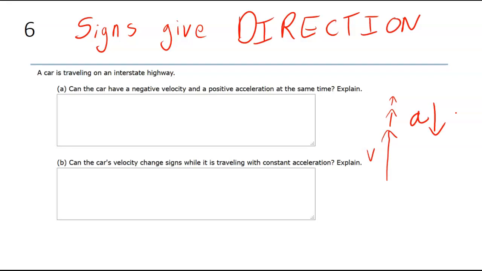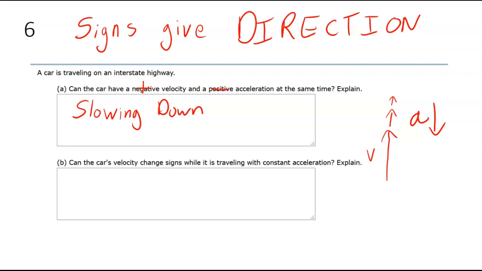Anytime acceleration is in the opposite direction of velocity, you're describing a situation of slowing down, decreasing speed, because speed doesn't have a direction. And if I flipped these and I said positive velocity and negative acceleration, that would be describing the same thing.